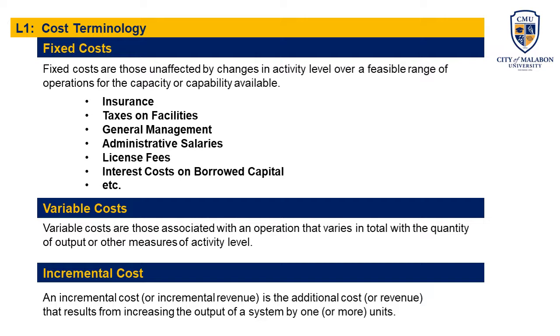Meanwhile, an incremental cost or sometimes incremental revenue is the additional cost or revenue that results from increasing the output of a particular system by one or more units. Incremental cost is often associated with go no go decisions that involve limited change in output or activity level.